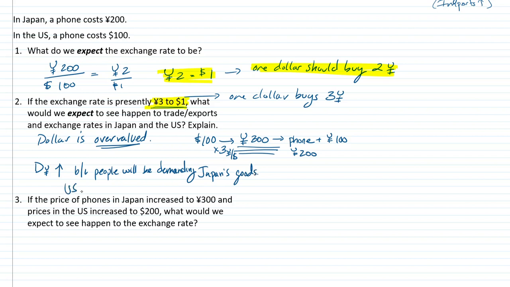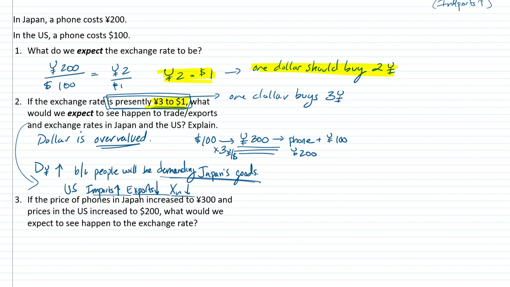In the US, this means that imports will increase, exports will decrease, and net exports will decrease. People are demanding Japanese goods, so all of those things are happening simultaneously. That's what this exchange rate, which is the wrong exchange rate under purchasing power parity, will do to the level of trade between these countries.